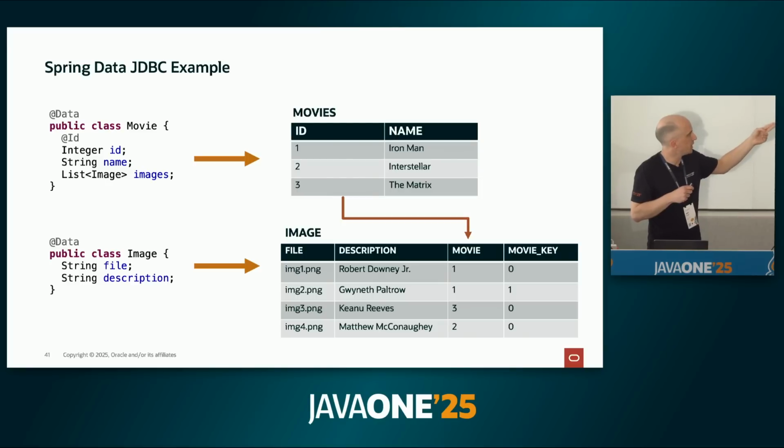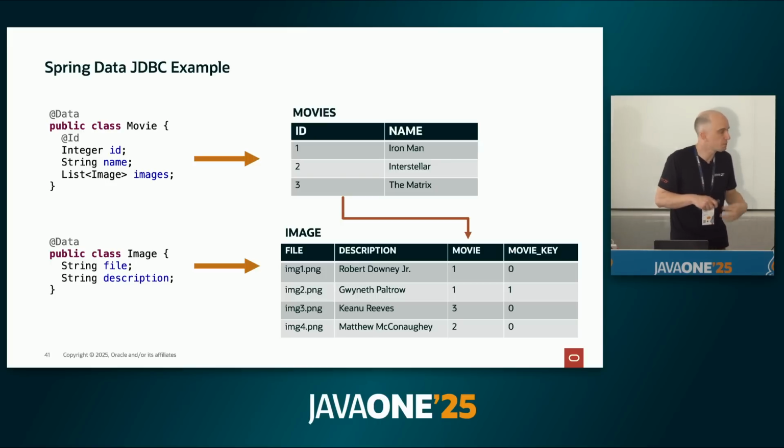You'd need the field names and the column names to, by default at least, match up somewhat. And then you'd have a primary key-foreign key relationship between the images and movies. So the image table has a column called movie, which references the primary key of the movies table. And so if you wanted to use these classes with Spring Data JDBC, by default, you'd do something like this.